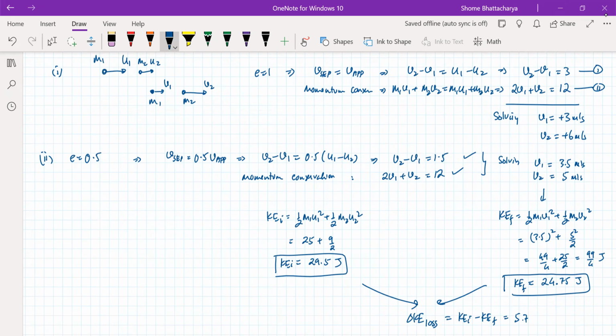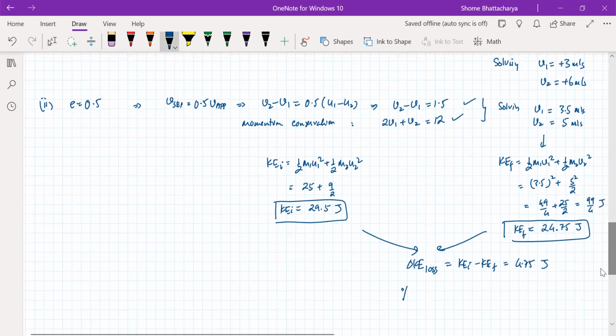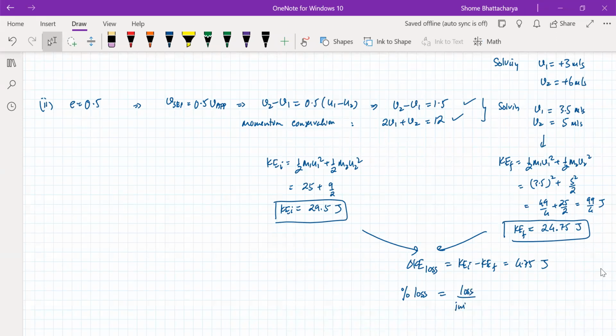Sorry, 4.75, right? 4.7. Yes. So this is the loss itself. When we convert this into a percentage loss, we have to express it as a percentage with respect to the initial kinetic energy. So the percentage loss is equal to the loss divided by the initial value into 100.